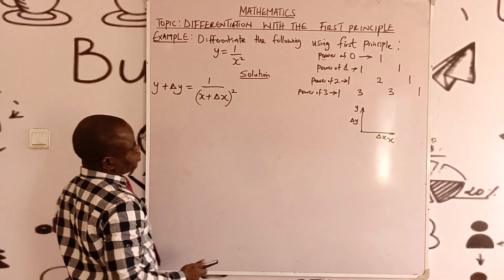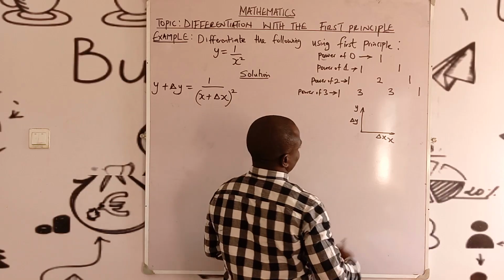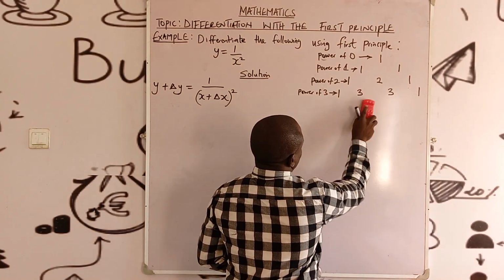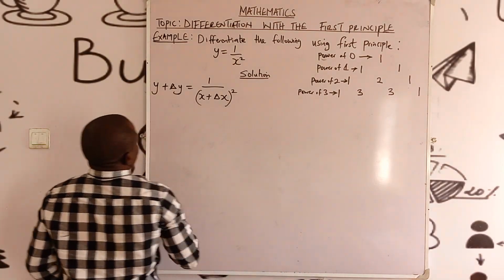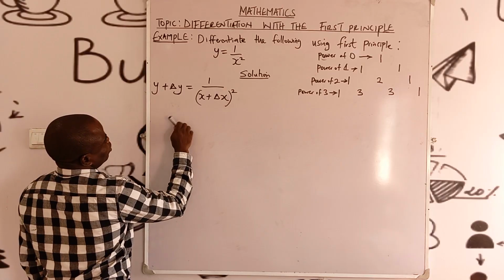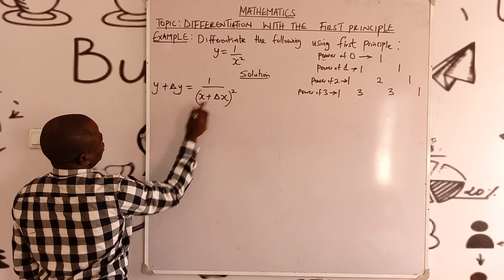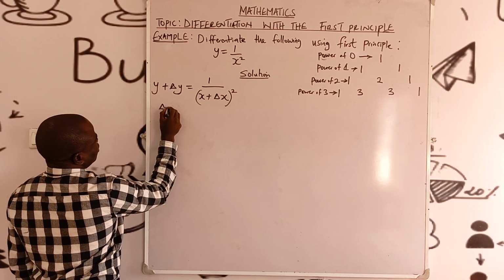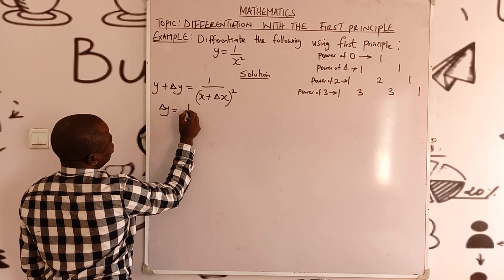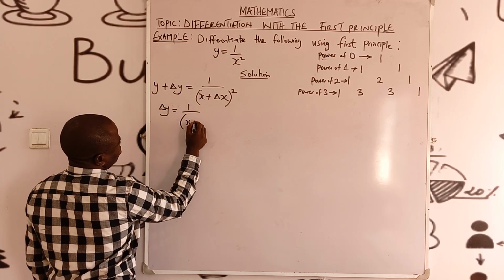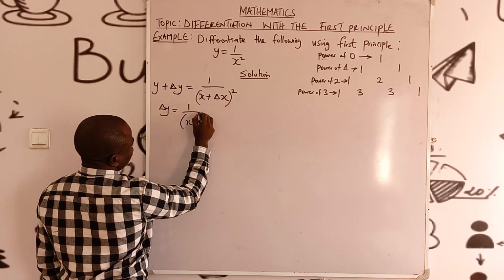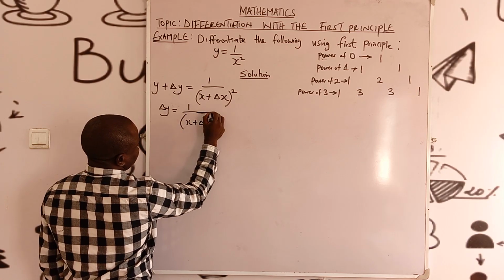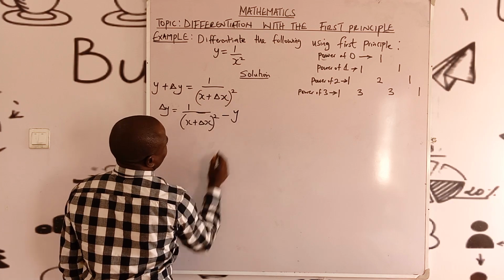Okay, now you take this y to the other side because we are concerned with dy equals 1 over x plus change in x, squared, minus y.